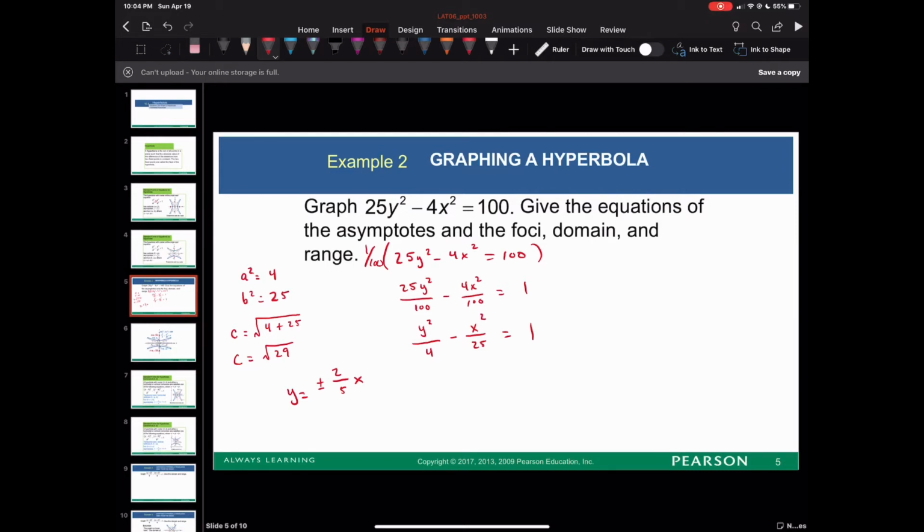Since we have the transverse axis on the y-axis, our foci points should be (0, negative square root of 29) and (0, positive square root of 29). So keep that in mind.